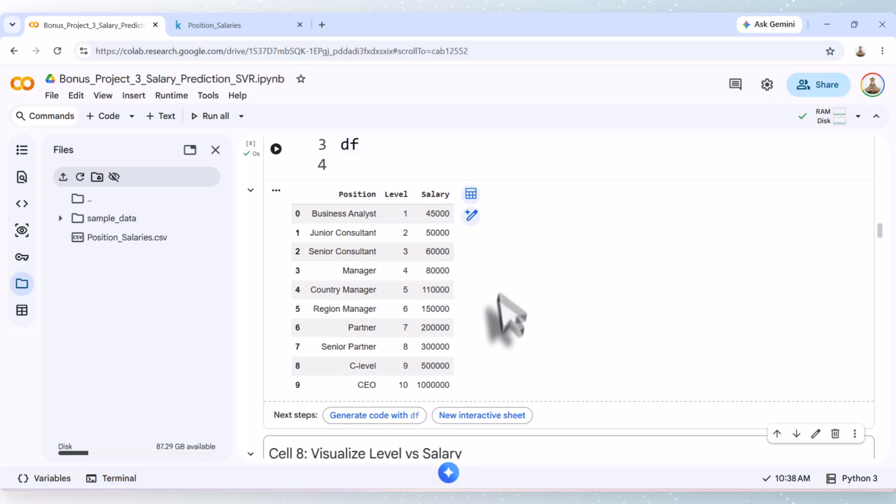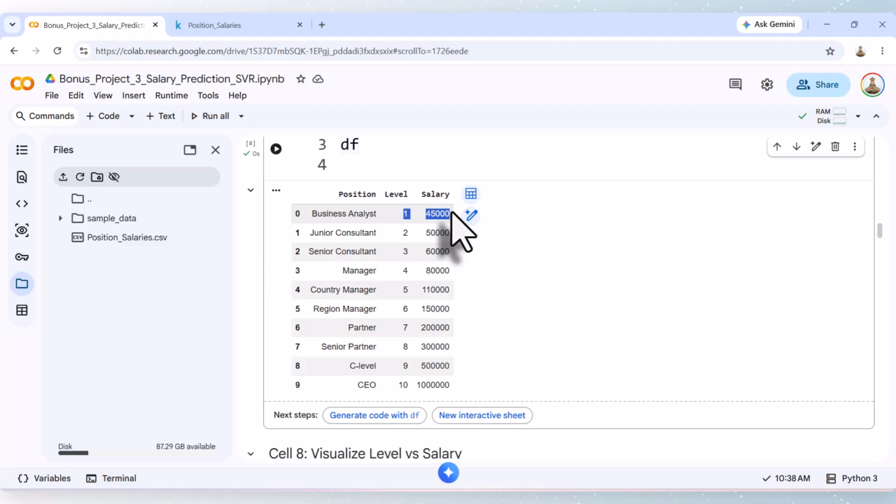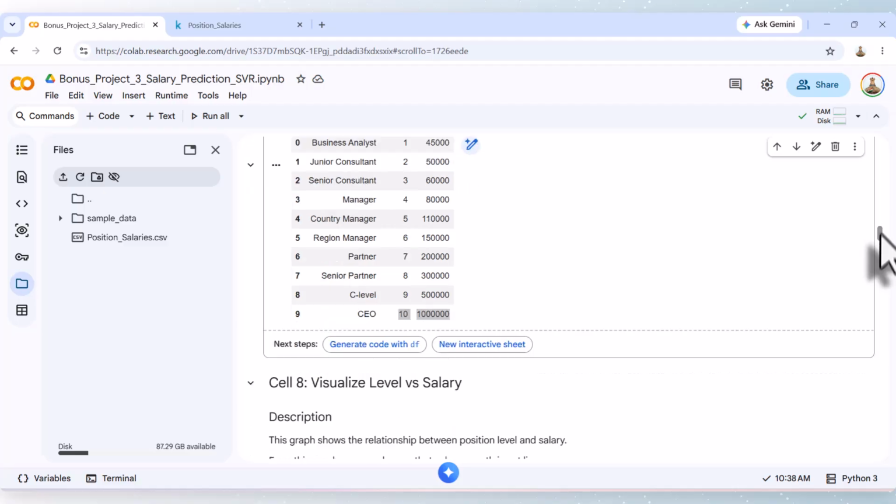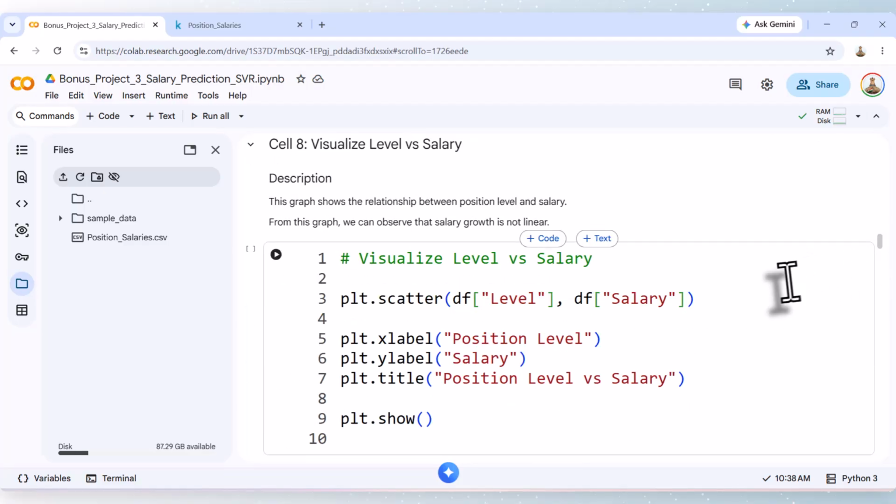Okay, this helps us to clearly understand how salary changes from the lower position levels to the higher level positions. You can see that at the lower level, level 1 is 45,000. If we take level 8, it's approximately 3 lakh. If you take level 9, 5 lakh. If you take level 10, it's 10 lakh. So this kind of data, we can say it's non-linear data.